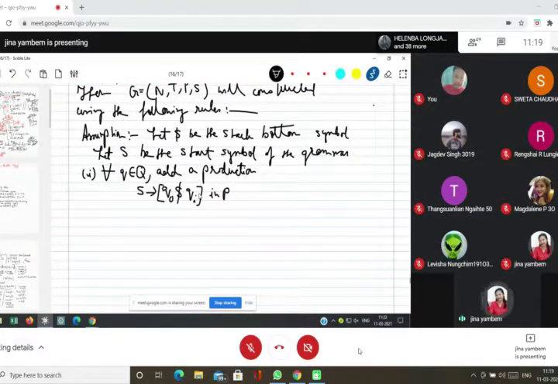Whatever is contained inside this square bracket, as a whole, we are going to consider as a non-terminal in the production of the context-free grammar. This is rule number one.